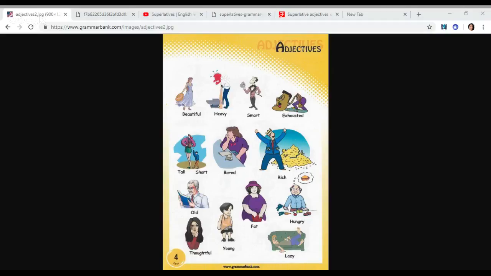The man with the big nose is the smartest of the one who is sleeping. And the girl is taller than the boy. Okay, excellent.